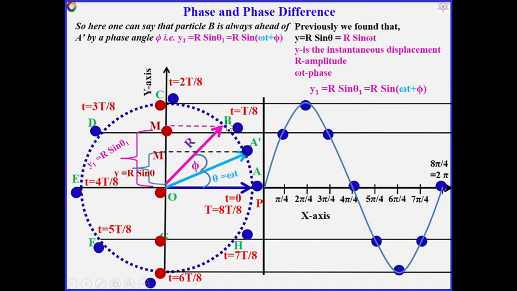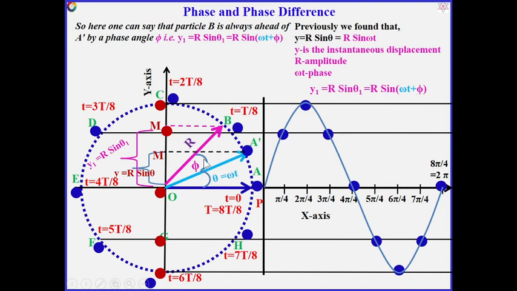Now for B, this is the displacement. Let this be y1 equal to r sin theta 1. Here theta 1 means this whole angle, which means omega t plus phi. So y1 will be equal to r sin theta 1, that means r sin omega t plus phi.